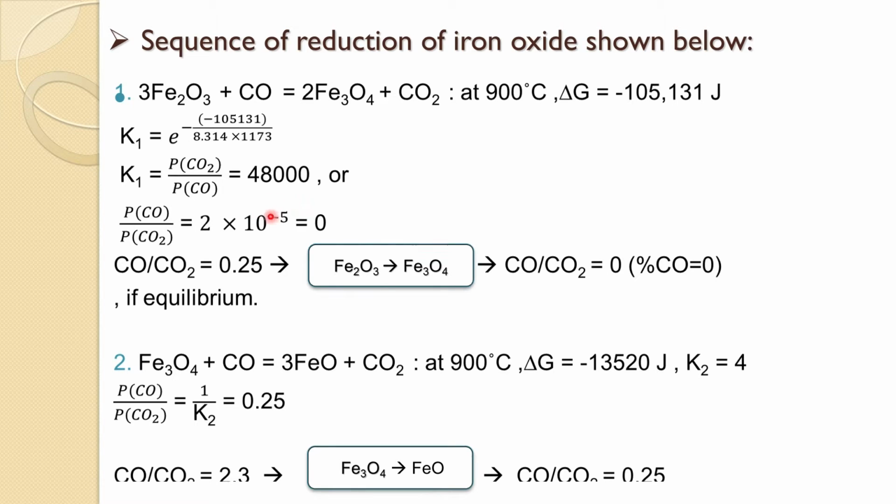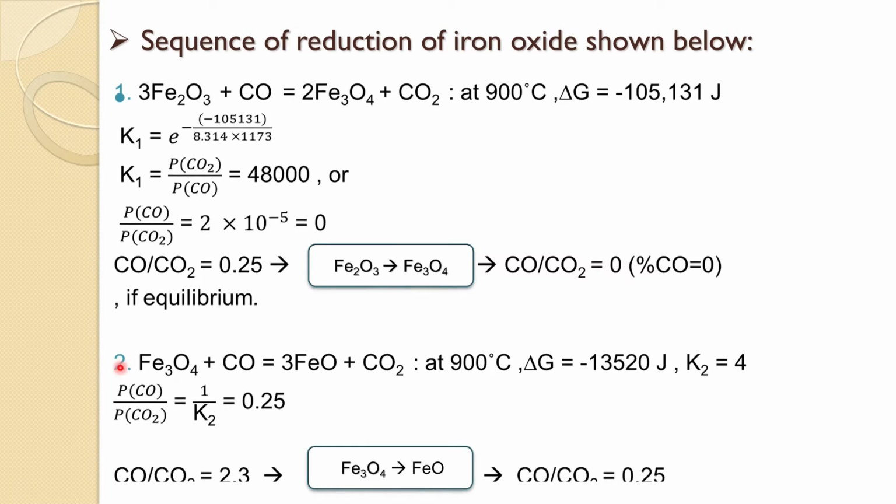So, that ratio is very low, which means a really very small amount of CO would be able to reduce the hematite, almost negligible. So, only a little CO can reduce hematite into magnetite when it is in equilibrium.